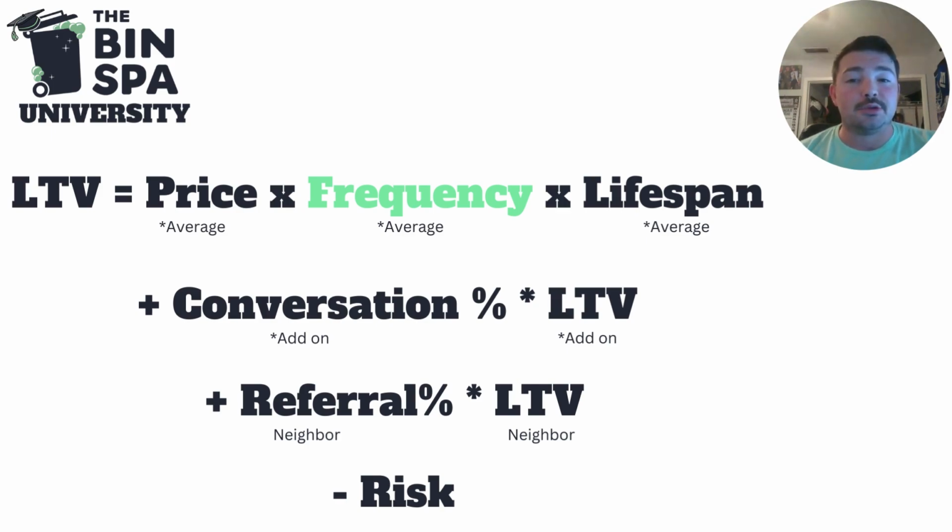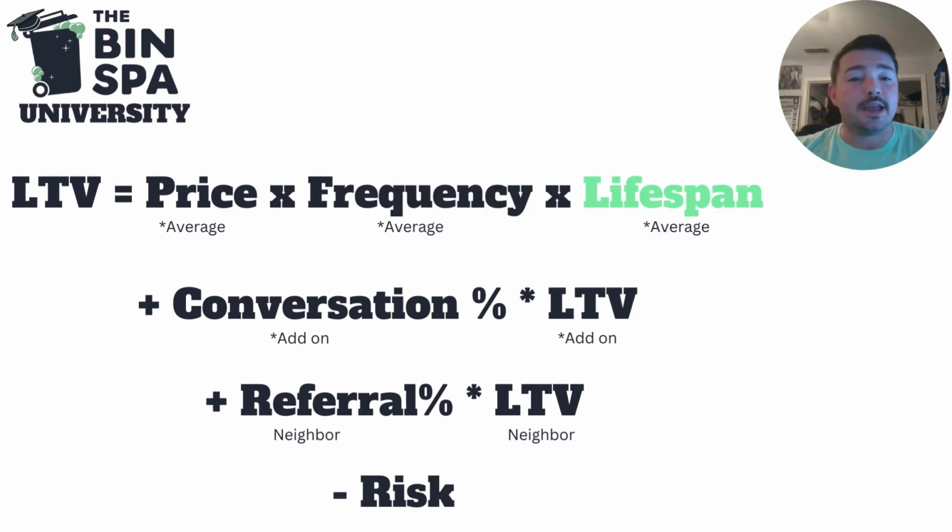My monthly customers, it was price times 12 because I had 12 services. Now, all of a sudden, it was price times 13, because in a 4-week cycle there are 13 cycles in a year. So now my price times frequency went from $25 times 12 to $25 times 13. Super small little nuance. My customers liked it better because they were back on track with recycling every single month, or every 4 weeks. But I just increased frequency, so my LTV per customer rose accordingly.